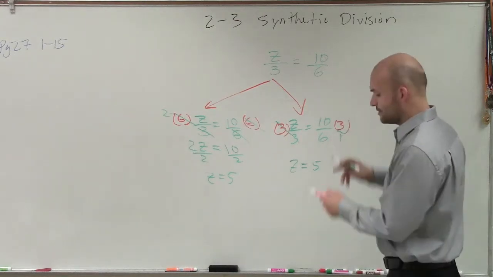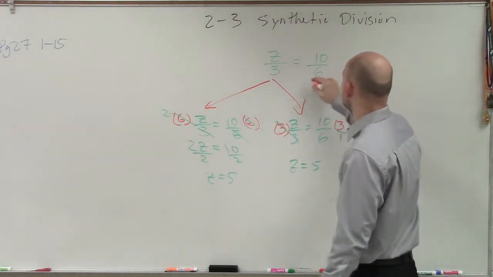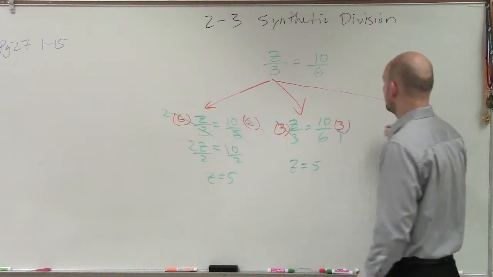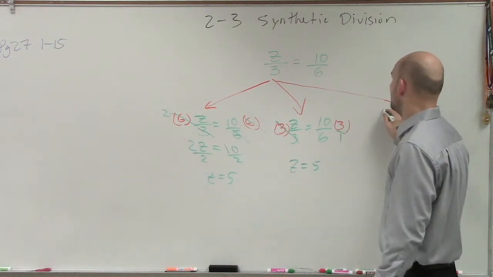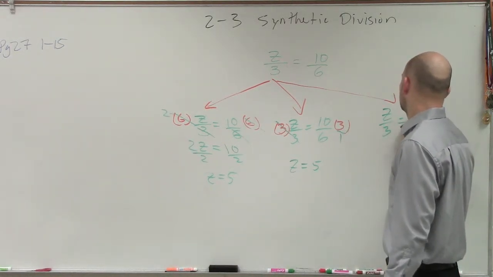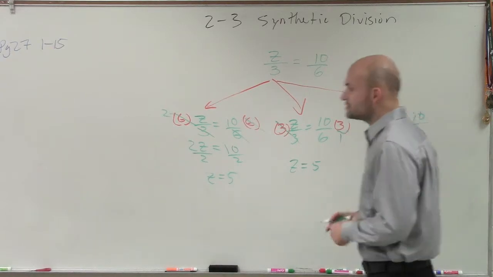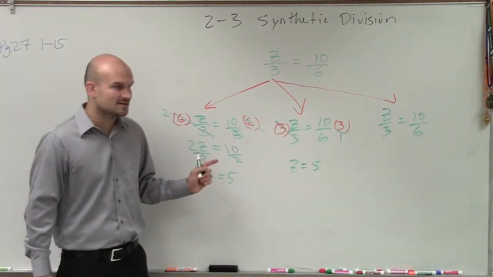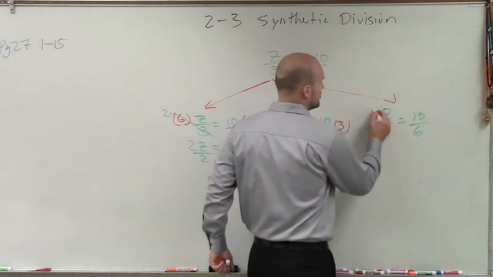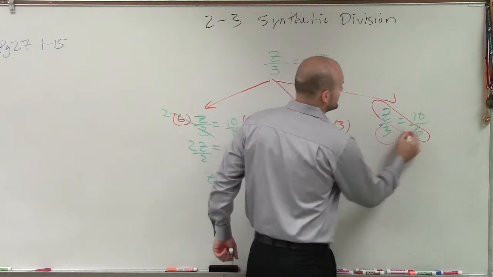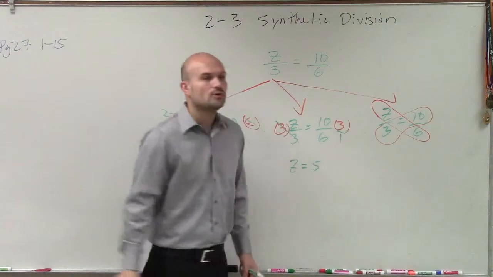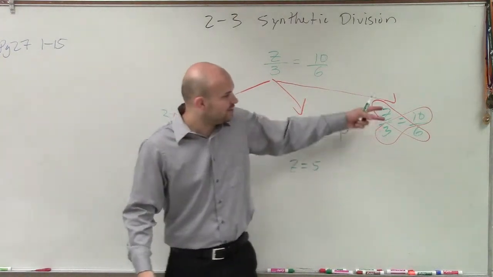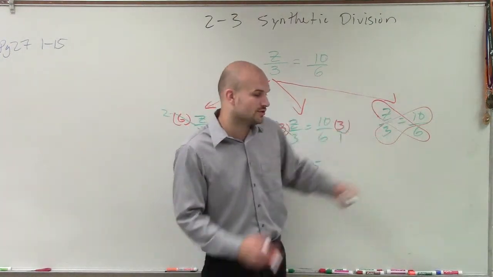Now, the third method, which is probably your preferred method, but I want to make sure I show you all the methods, is cross multiplication. An easy way to get around doing both of these methods is cross multiplication. Cross multiplication only works when you have a proportion, meaning a ratio equal to another ratio.